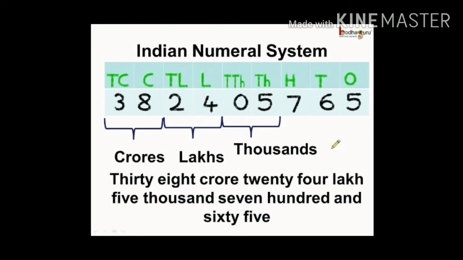The place value depends on its place in the number. In the given example, 38 crore 24 lakh 5765. This is the Indian numerical system reading notation.